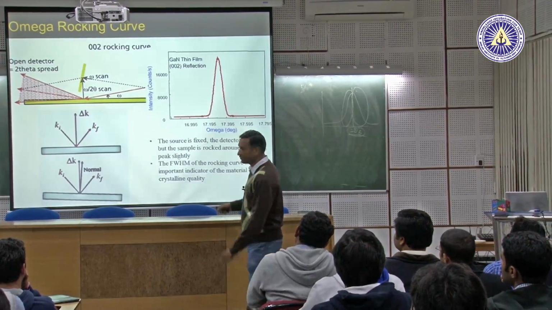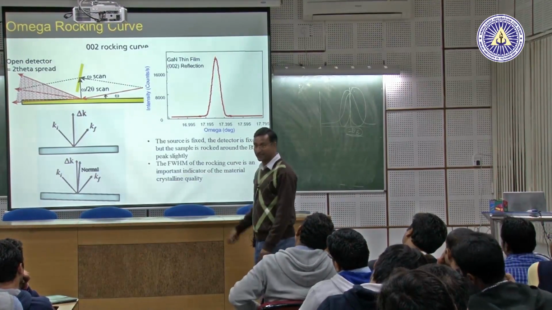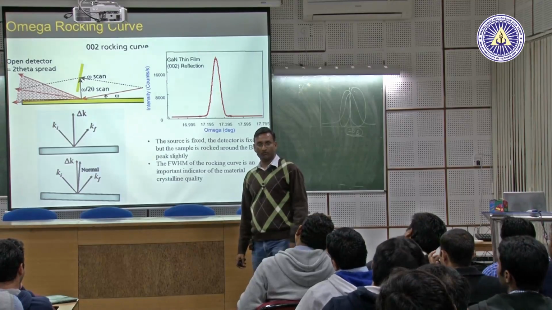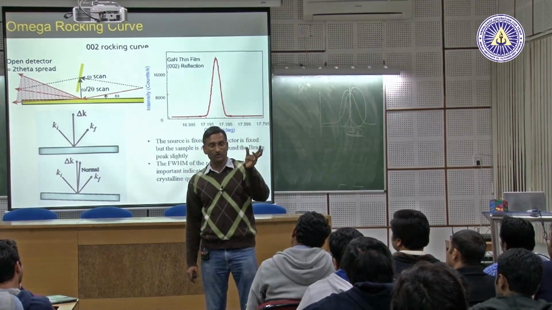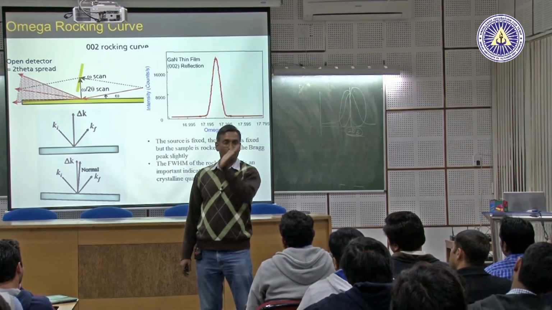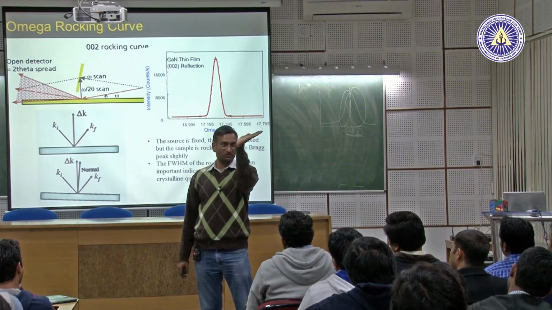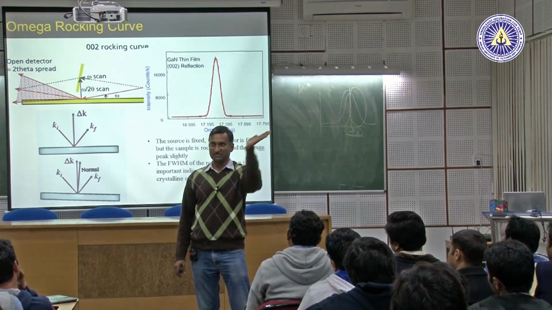What will happen when you rotate the sample like this? Since your omega is fixed, what do you expect will happen? You will have multiple beams coming out in multiple directions of 2 theta. Some beams will come out at 2 theta 1, some at 2 theta 2, around that fixed value of 2 theta.